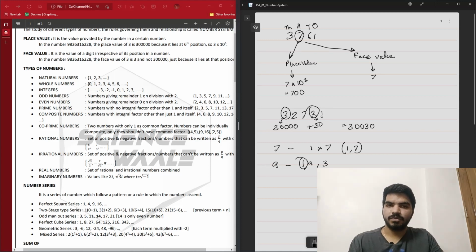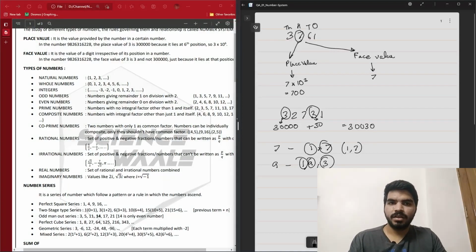So it has 1, it has 9, that means it satisfies the condition of prime number, but it has 3 as well, so it doesn't count in prime numbers. And its complementary is composite numbers, the numbers like 9 which have any other factor as well. 1 is neither prime nor composite because 1 has only one factor, that is 1.